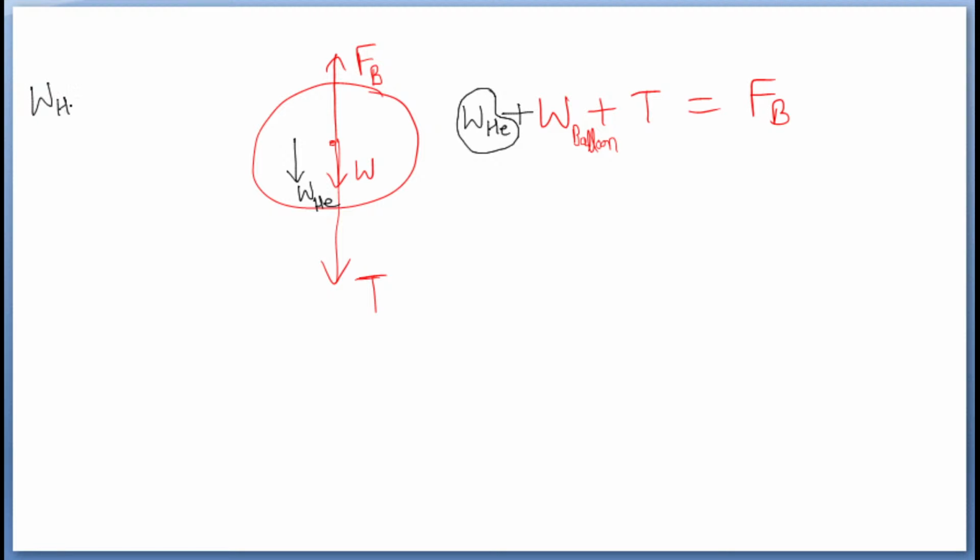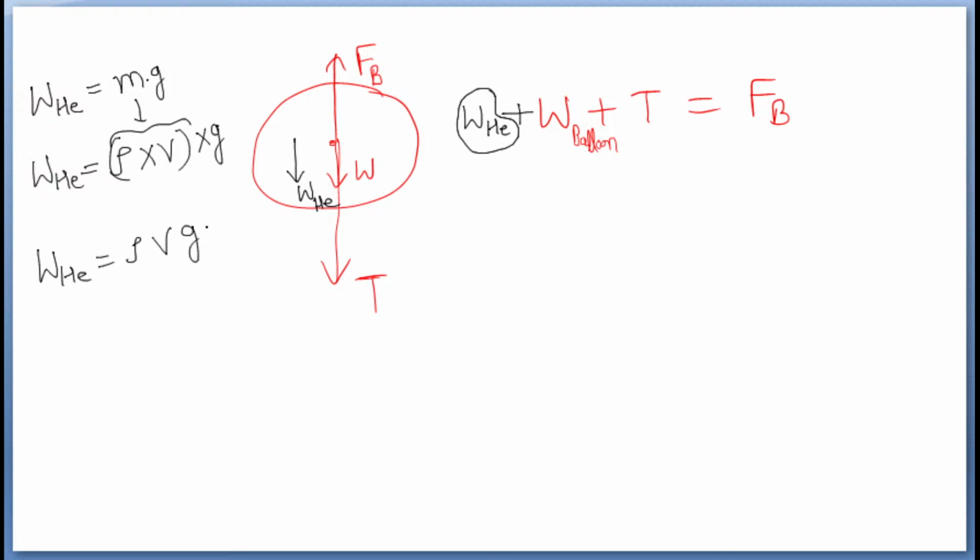Weight of helium gas you will calculate by this simple formula, m into g. Apply the basic formula; you can always calculate everything from basics. How do you find mass? Mass is density into volume. So mass can be written as density into volume, multiplied by g. Weight of helium gas equals rho V g, correct? So this is rho into V into g. V is the volume of balloon, g is acceleration due to gravity.